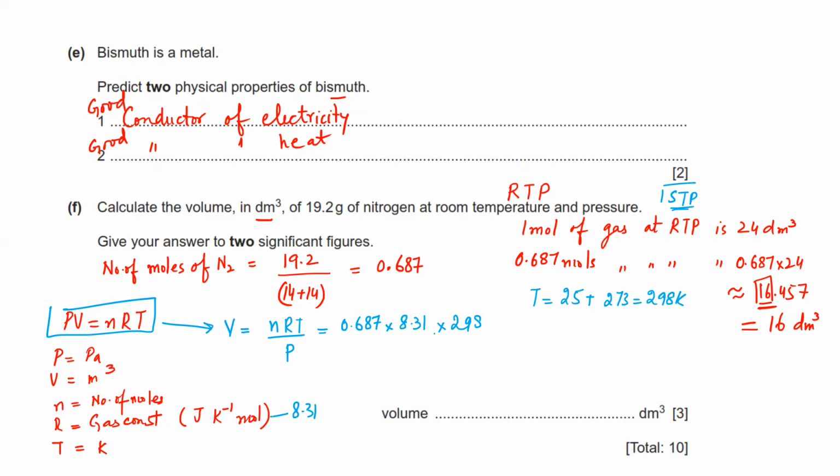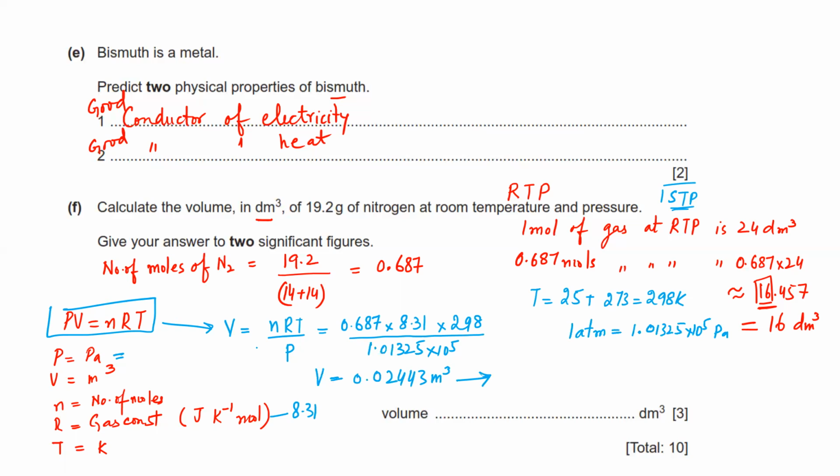Pressure in pascals: at 1 atmosphere, it is 1.01325 times 10 to the power 5 pascals. So this comes out to be the volume, in meter cube.